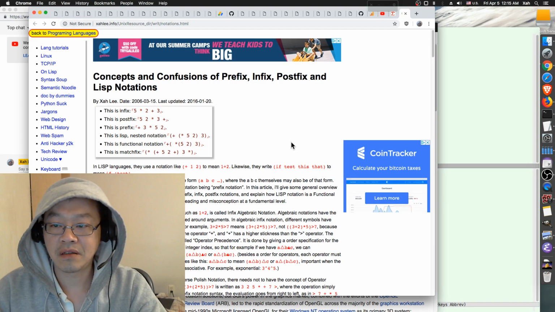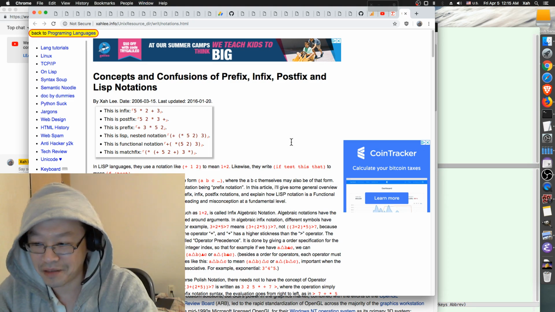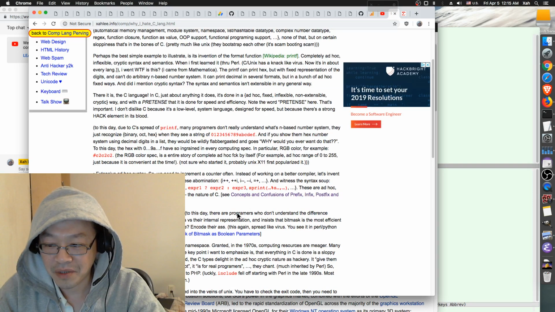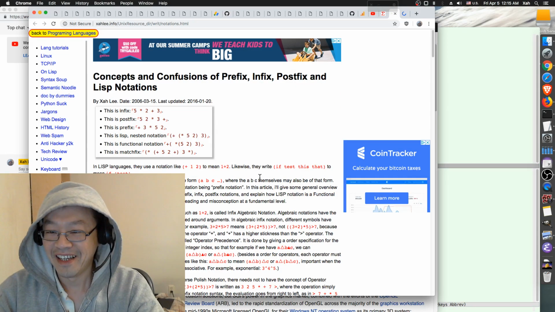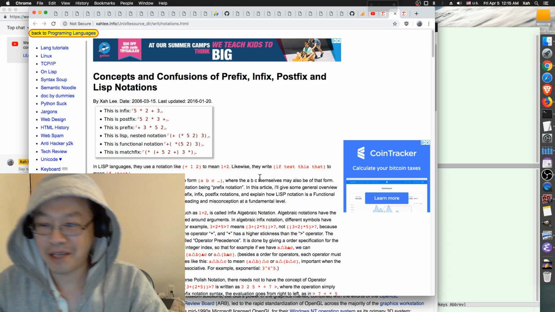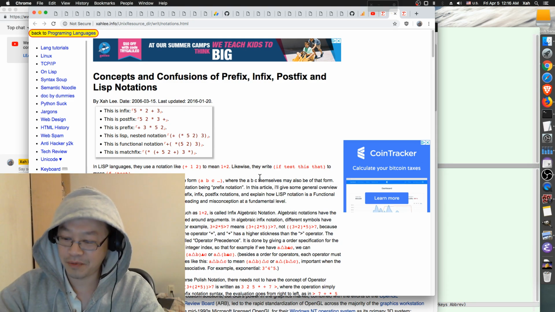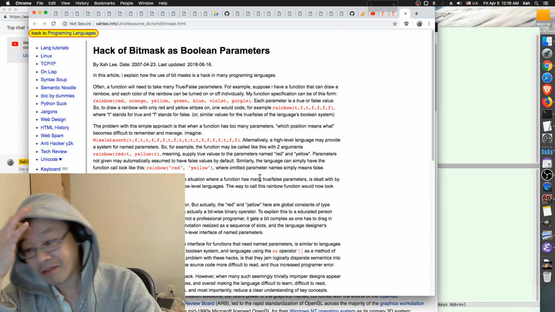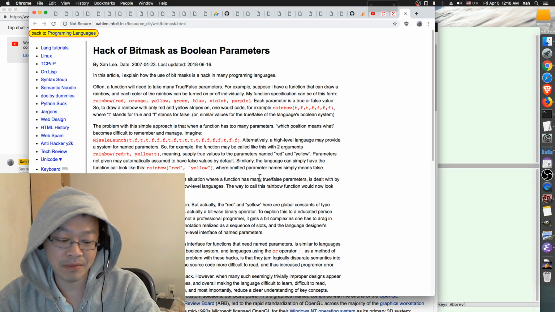So this essay is concepts, and oh wait, it's not this one. This one. This one is about Lisp concepts and confusions of prefix, infix, postfix, and Lisp notations. Okay, this article, hack of bitmask as Boolean parameters.